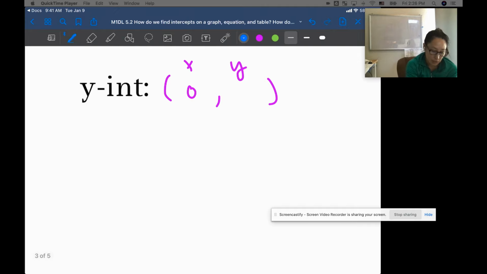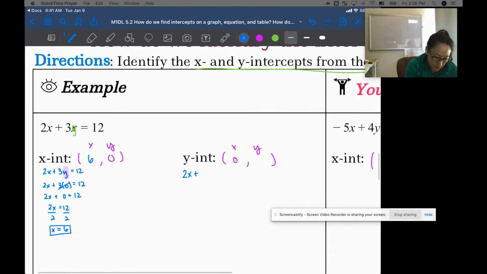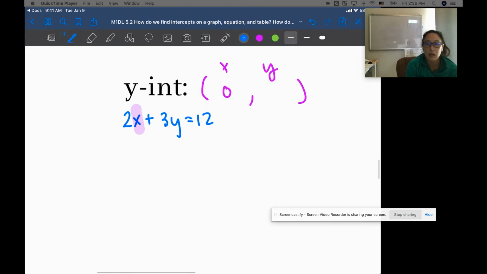find the y-intercept for the equation 2x plus 3y is equal to 12. But this time, instead of y being 0, we have to substitute in x for 0, because we know that on a y-intercept, the x is always 0.